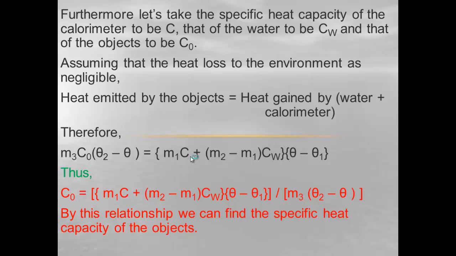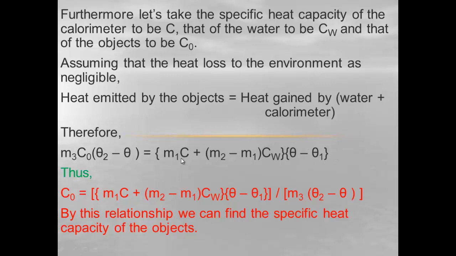However, water and the calorimeter are initially at the same temperature, so you can factorize out the final temperature of the water plus the calorimeter system. You know that the water and the calorimeter were at an initial temperature of theta1, and they will gain heat to a temperature of theta. So the temperature difference for the water and the calorimeter system is theta minus theta1.